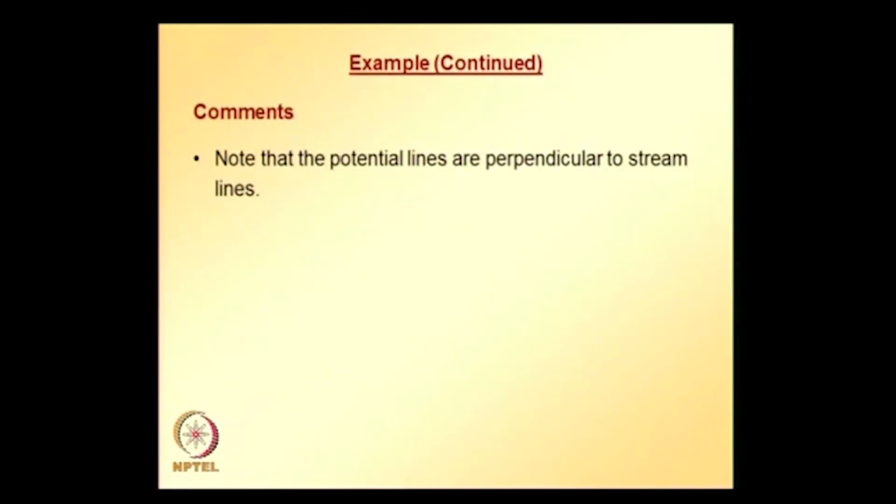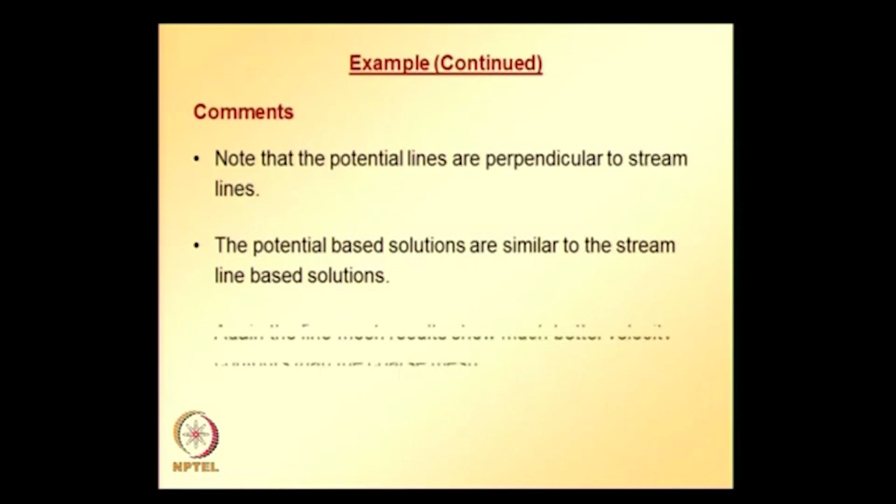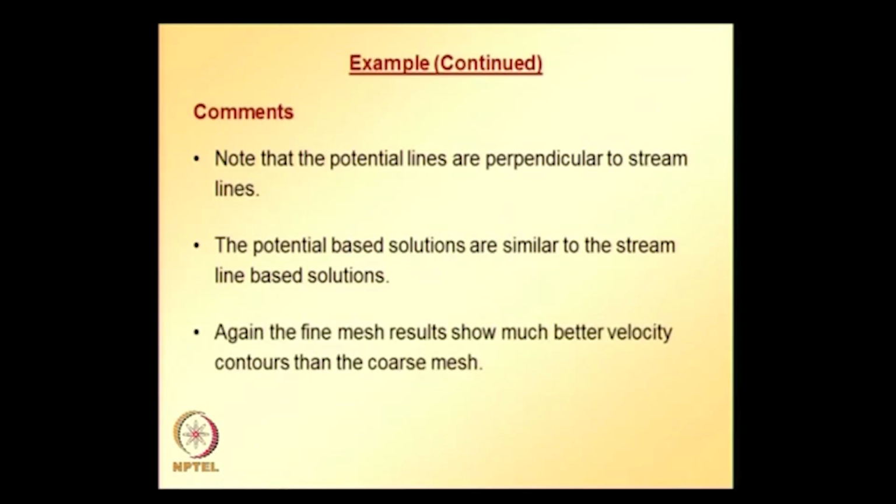The potential lines are perpendicular to the streamlines. The streamlines are the lines that we obtained using the previous formulation, stream function formulation, and the potential lines are the lines that we just obtained using potential. Potential based solutions are similar to the streamline based solutions. Fine mesh results show better velocity contours than the coarse mesh.